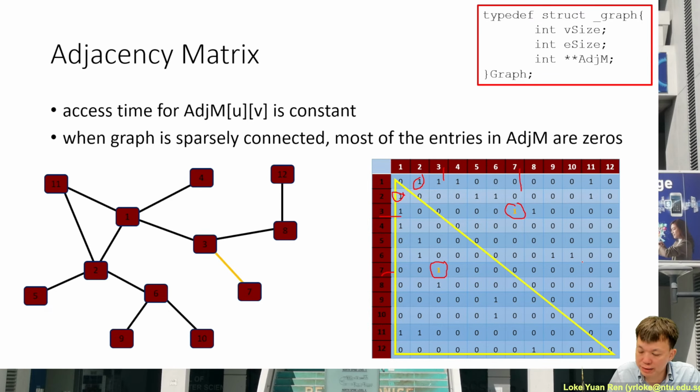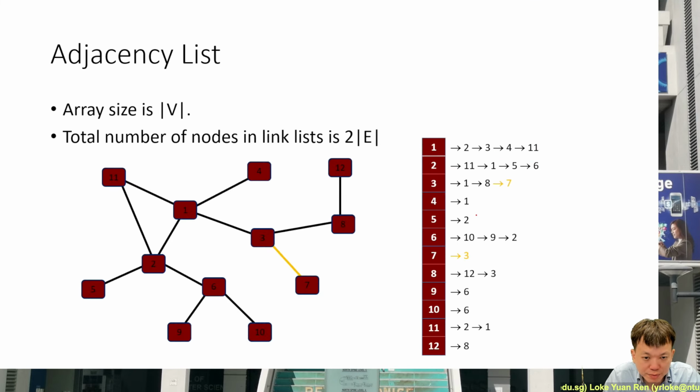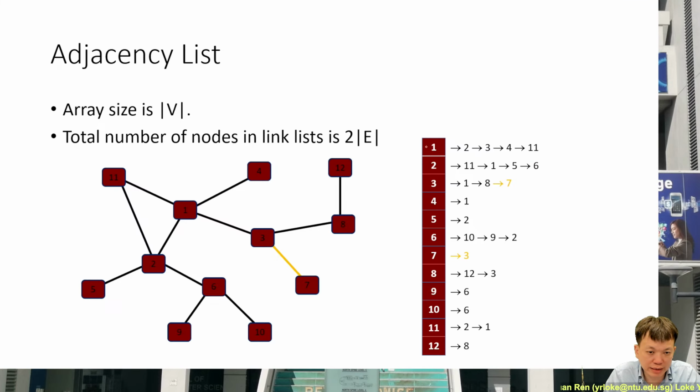Another one is the adjacency list. An adjacency list is something like a closed-address hash table. There's an array. In this example, you have 12 nodes, so an array represents the vertices: 1, 2, 3, 4, 5, 6 up to 12.